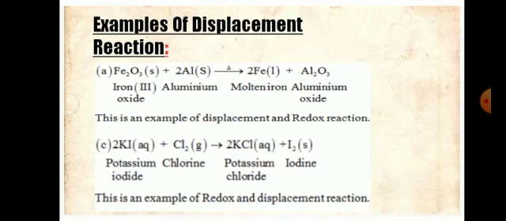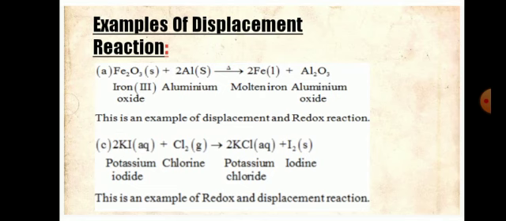Molten means the liquid state of a substance, that is you make a substance into liquid form by heating it. So your molten iron, that is liquid in state, is 2Fe plus Al2O3, that is aluminium oxide. This is the end product in this equation.